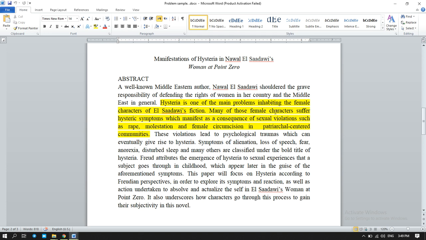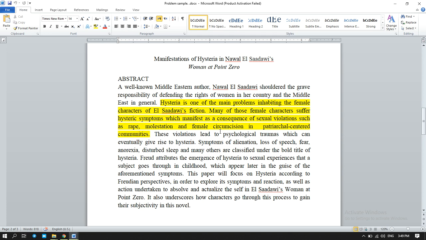So many of those female characters, I said, suffer hysteric symptoms which manifest as a consequence of sexual violations such as rape, molestation, and female circumcision in patriarchal-centered communities.